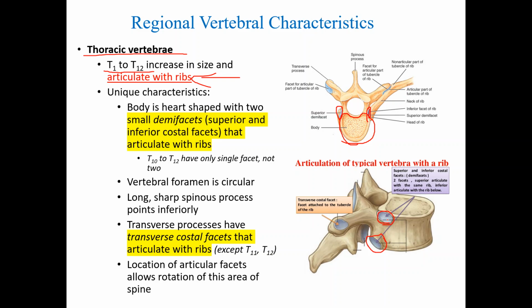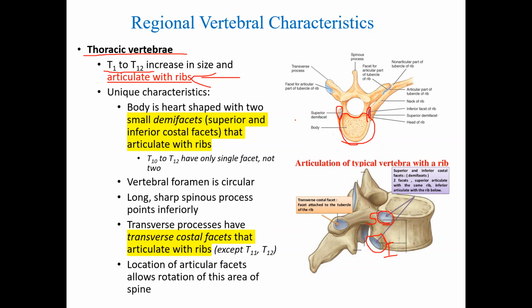And so there are four total, because there's two on each side of the body of a vertebra. And so we recognize them as superior and inferior, okay? So this will be your superior and this will be your inferior, right? And they're on each side, okay? So these are additional facets. We don't find these facets on the vertebrae that don't connect with ribs, okay? So these are a distinctive feature.